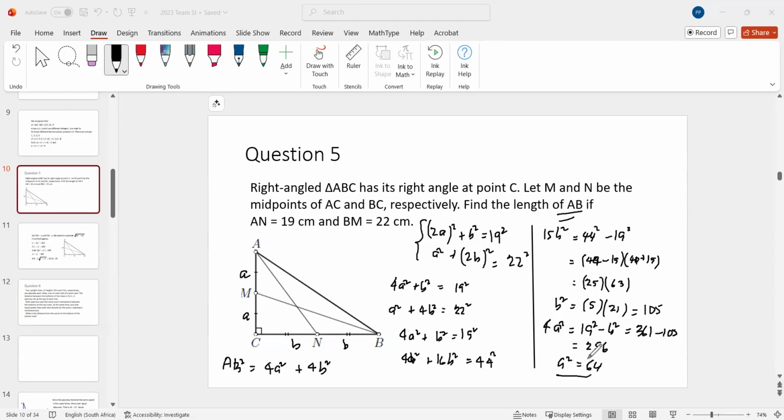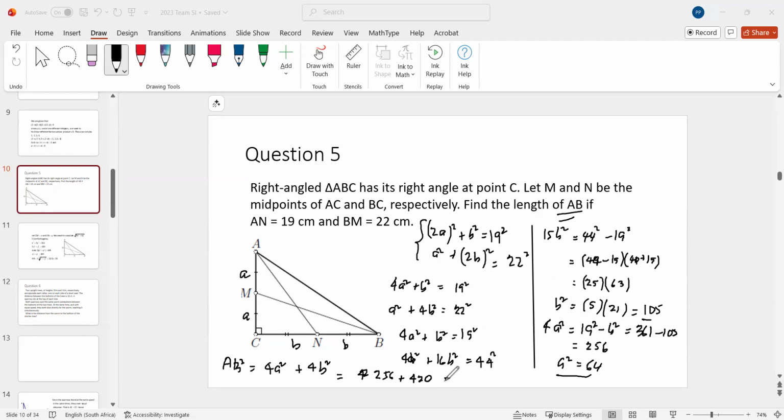So you got a squared, and you got b squared. So therefore, this will be 4a squared, which is 256, plus 4b squared. B squared is 105, so 4 times 105 is 420.